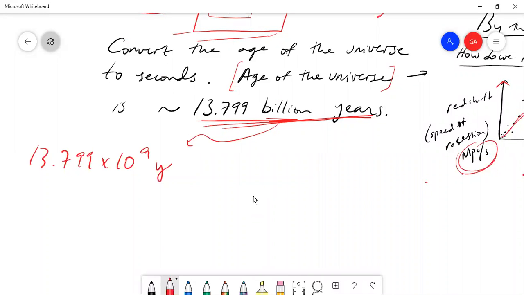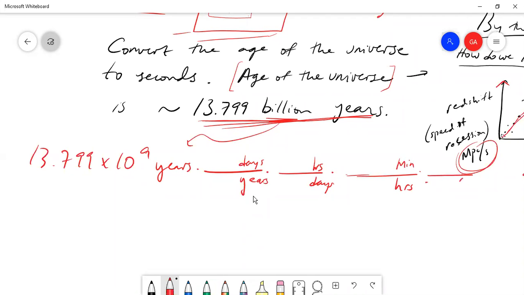And this is years. And now we need to get to seconds. So now we need to go through this entire thing again. So years to days, right? What's next? Days to hours. Hours to minutes. And last, seconds.